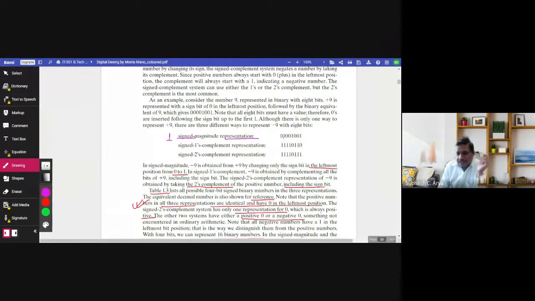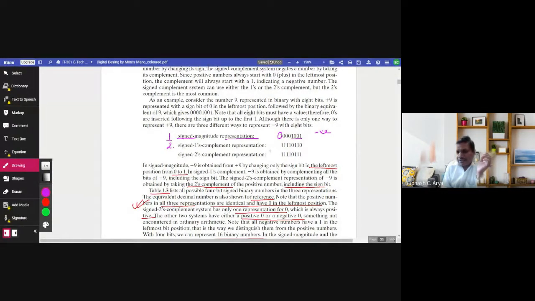It says that when the MSB or leftmost bit is 1, it indicates this is a negative number. And then the 4 bits, for example, represent your magnitude. The second type of representing a negative binary number is signed one's complement representation.